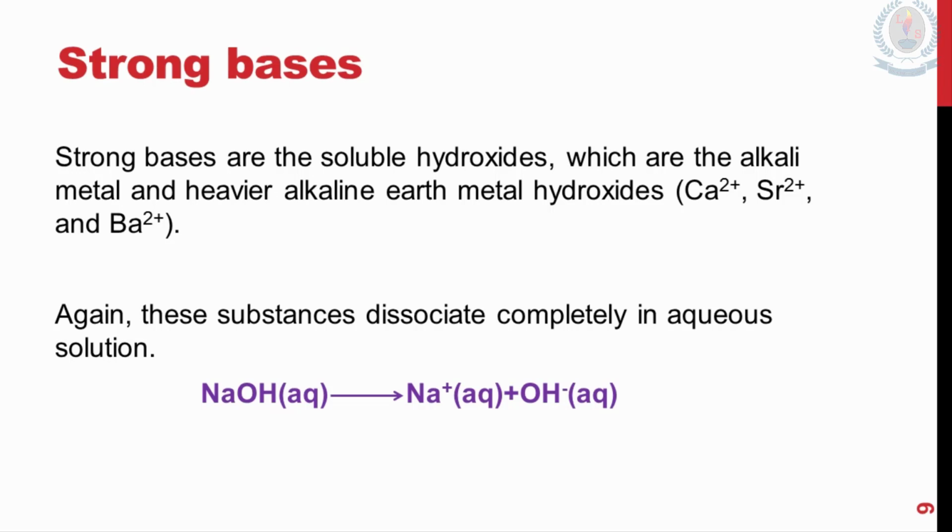Again, these substances dissociate completely in aqueous solution. This is an example of a strong base, sodium hydroxide. In sodium hydroxide aqueous solution, there are sodium plus ions and hydroxide minus ions.